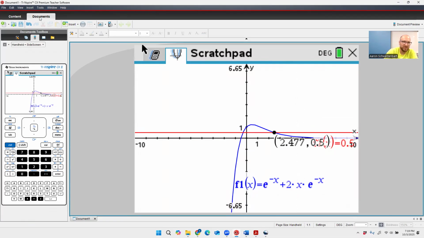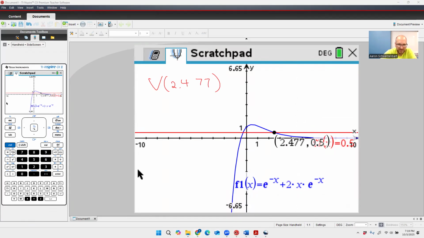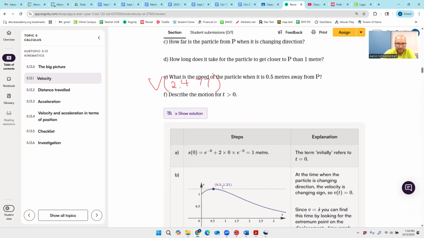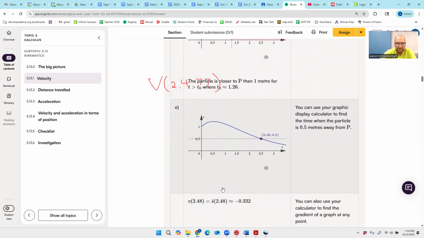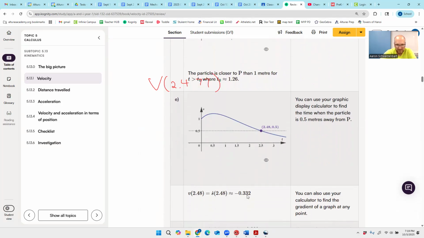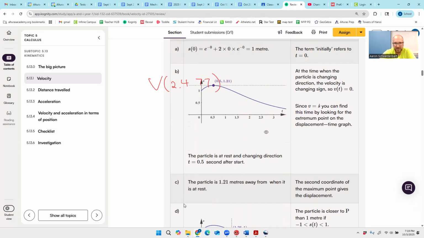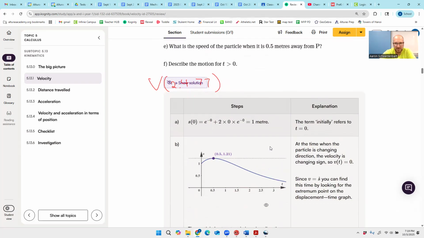So now what I'm looking for is V of 2.477. And unfortunately for me, I cleared my V off of the screen. So you find out that that is negative 0.332 if you go back to your V equation.